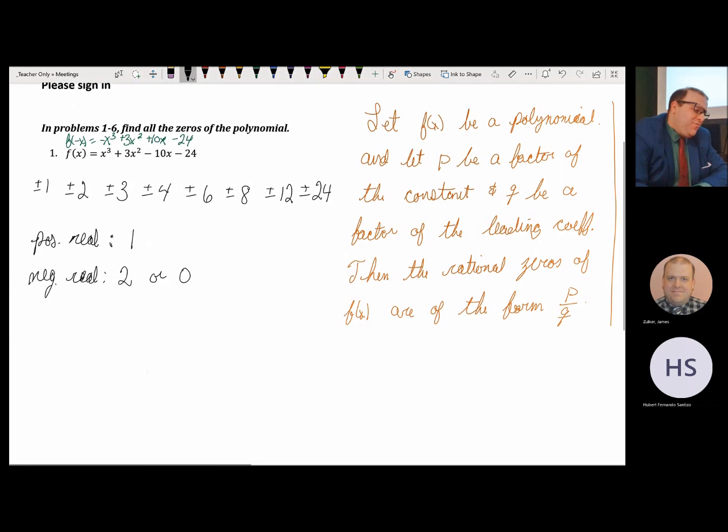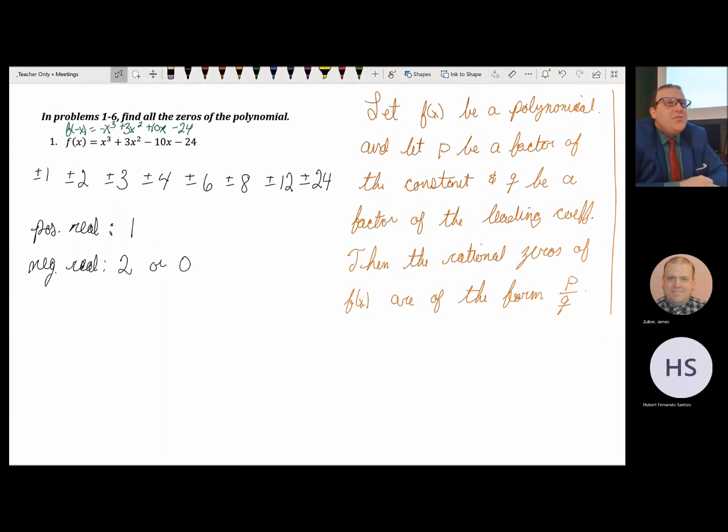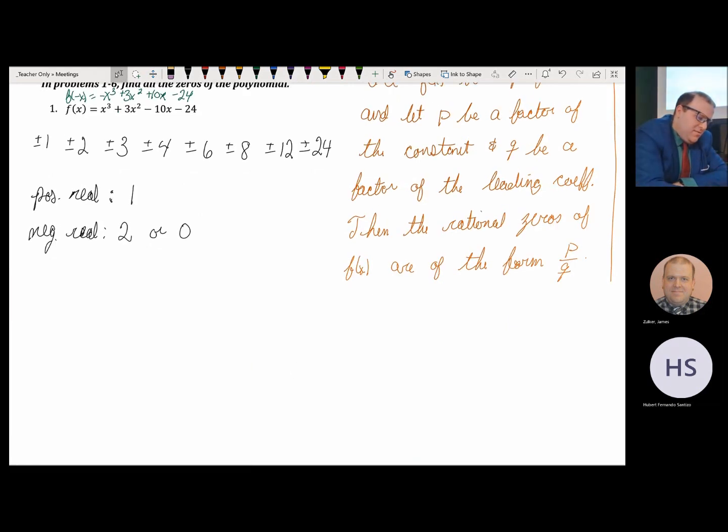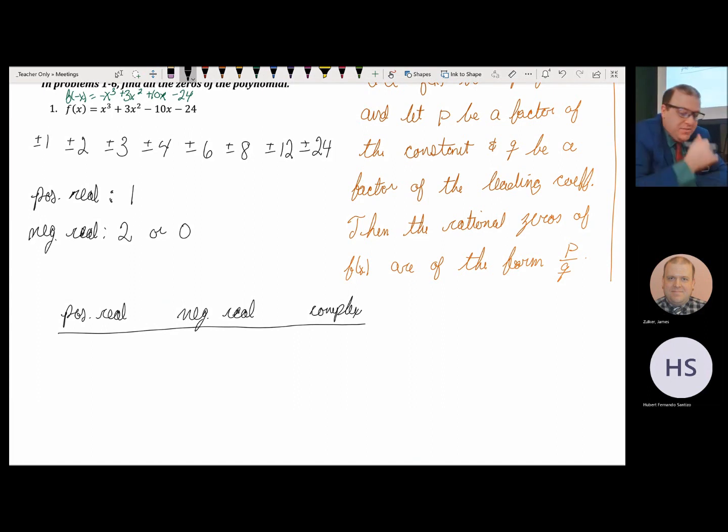So this is degree 3, meaning we're going to have 3 zeros. Degree 3 means 3 zeros, degree 4 would be 4 zeros. Again, if you're in the complex plane, because some of them could be imaginary.